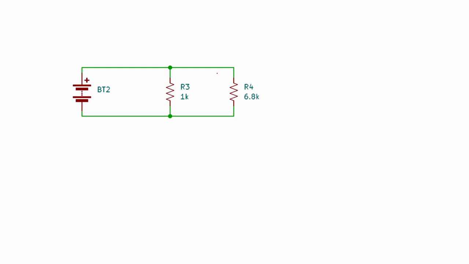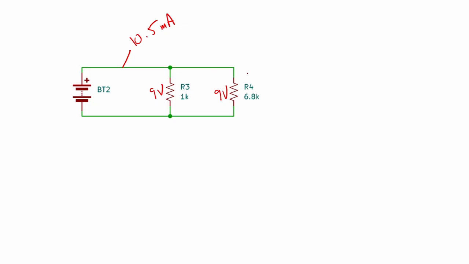Looking at our parallel circuit that we just did, we measured the current through the whole system at 10.5 milliamps. The voltage drop across both resistors is 9 volts, which makes sense because they both see the battery completely. So there's 9 volts.